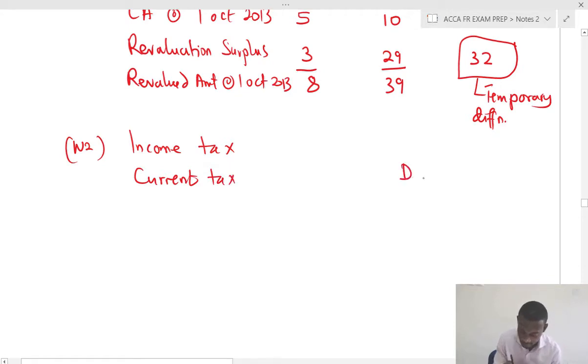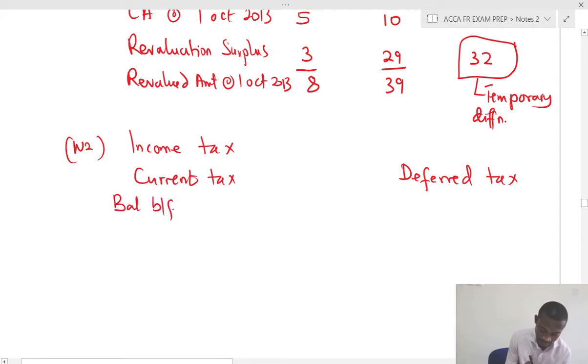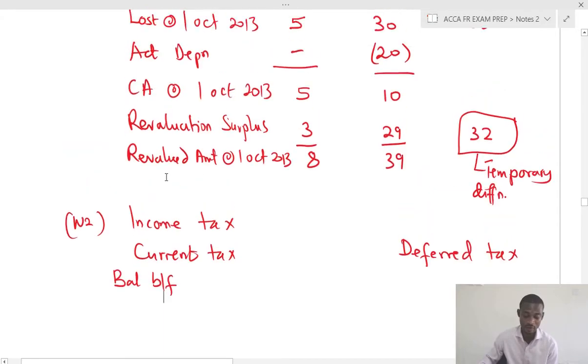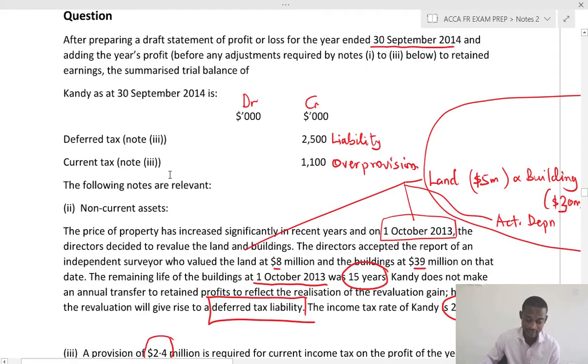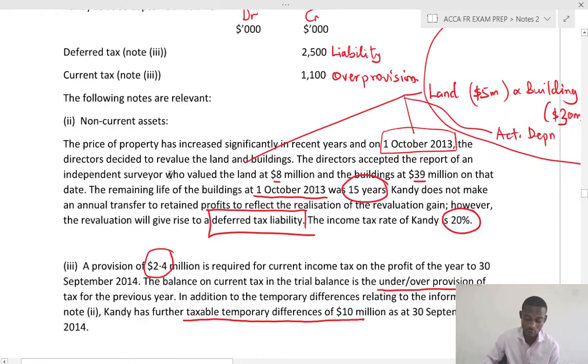And on the face of the account, which is the trial balance we are given, the balance brought forward on the current tax is 1.1, and that of the deferred tax is 2.5. So I'll bring that in here quickly. So this is 1.1, and then under the brought forward is 2.5. Please take note.